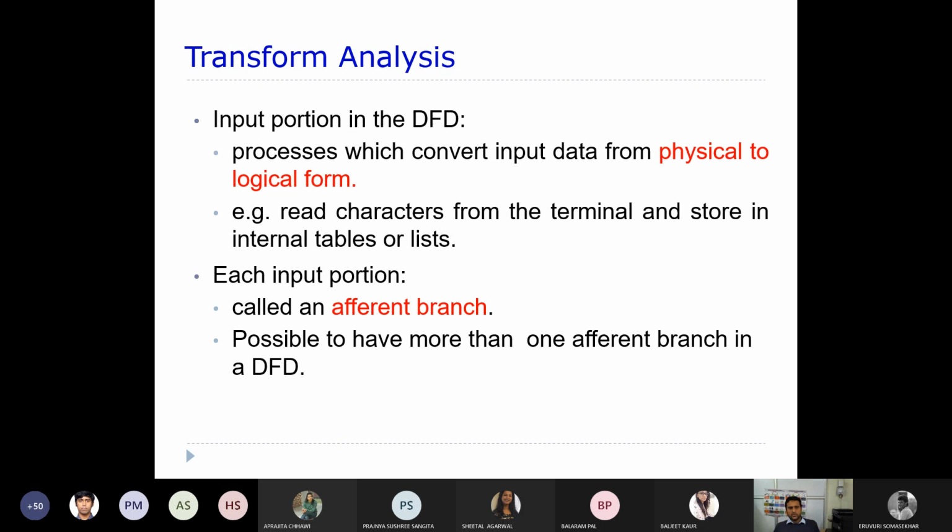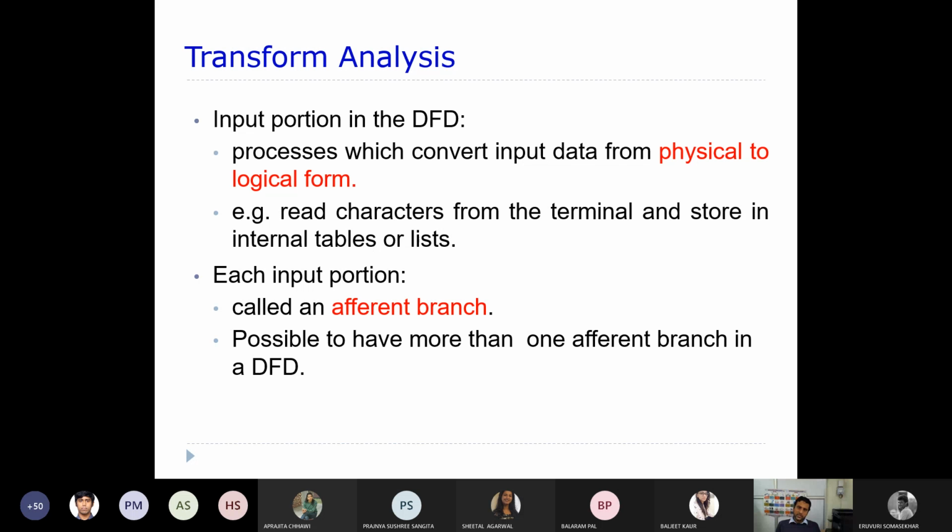Usually the input portion in the DFD takes some input data and converts that physical data into some sort of logical form. You can think of a system inputting a number of characters using the terminal.